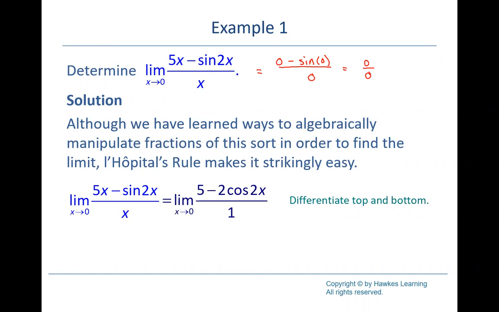If we differentiate the top function, we of course get 5 minus 2 cosine 2x, the 2 in front of the cosine coming from our chain rule. And the derivative of the denominator, of course, is just 1. This new limit is easy to evaluate. If we plug 0 in, we no longer get an indeterminate form, and in fact, we get a rather nice value, as cosine of 0 is 1, and so this comes to 5 minus 2, or 3.